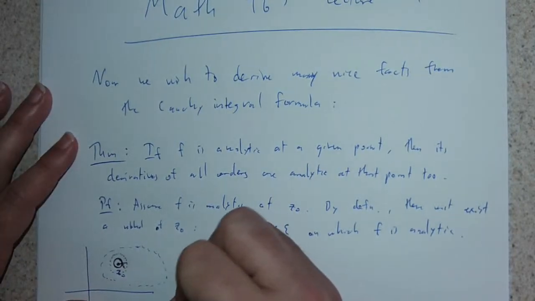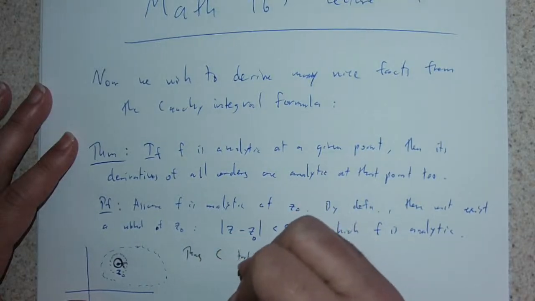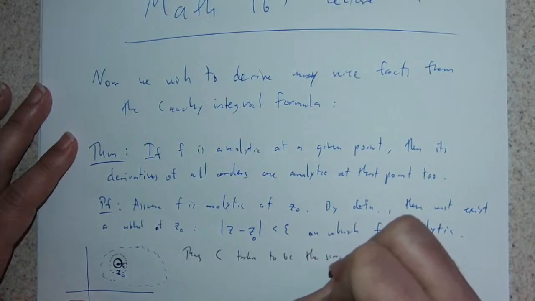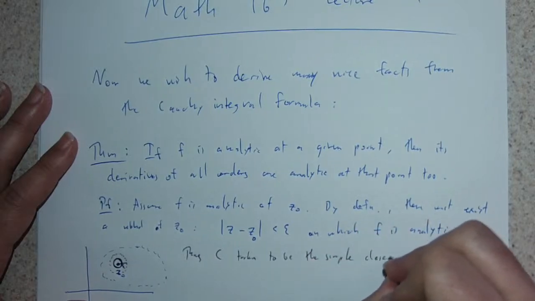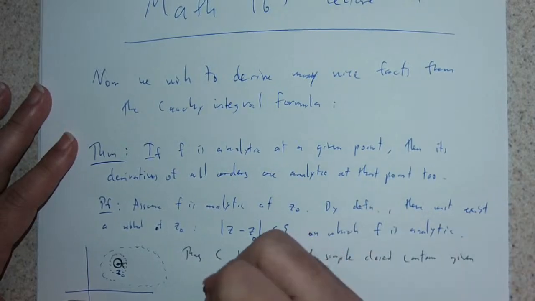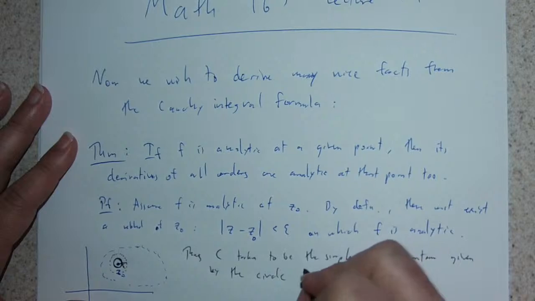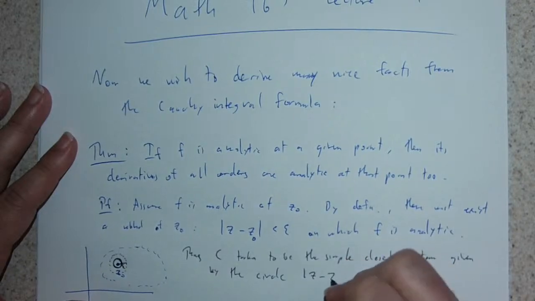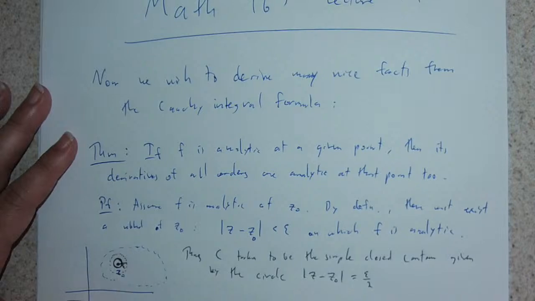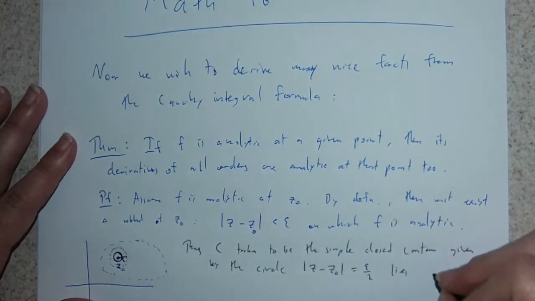Thus, C is taken to be the simple closed contour given by the circle modulus of z minus z naught equal to, say, epsilon over 2. That's guaranteed to be inside that neighborhood.